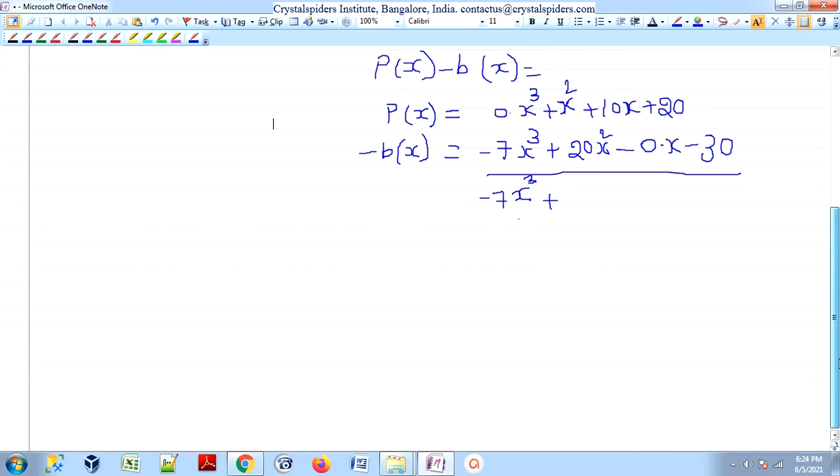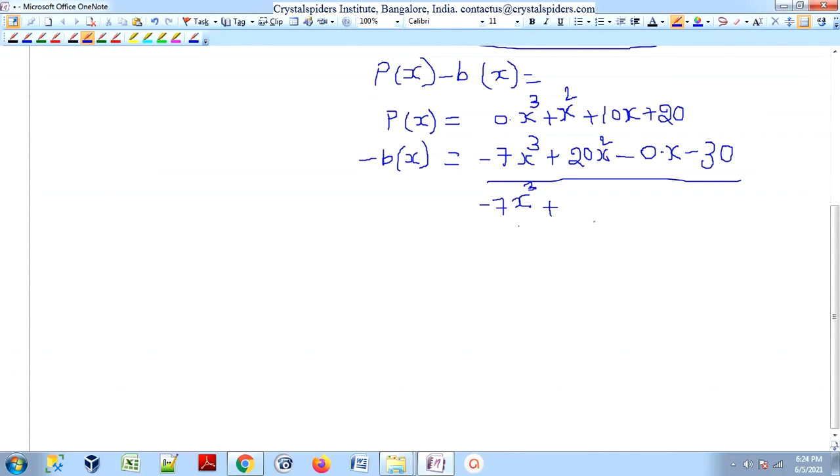So now 1 plus 20, that is a 21x square, okay, and here 10x and 0x, that will be 10x, and here plus 20 minus 30, it will be minus 10. So we are just doing a summation of these two after we multiply -1 with the b of x.